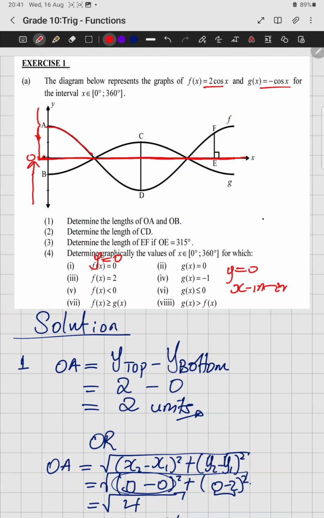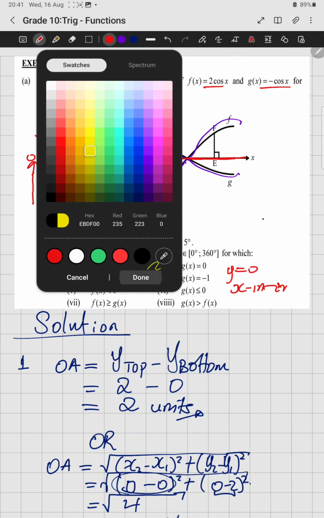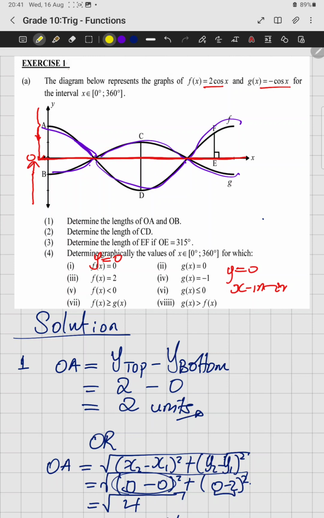No, it is not, because from this portion y starts to increase. The y is increasing in that part, decreasing here, increasing here, decreasing there. So the value of y is exactly 0 over here and over here. Those are the two values of x where y is 0.